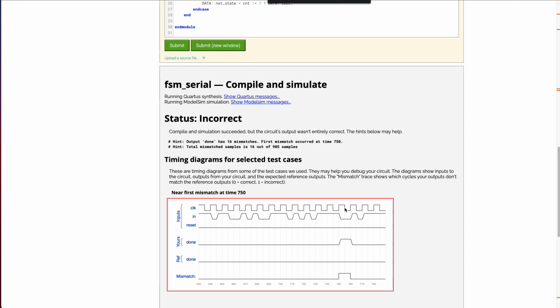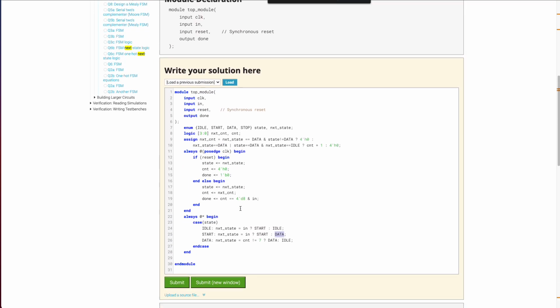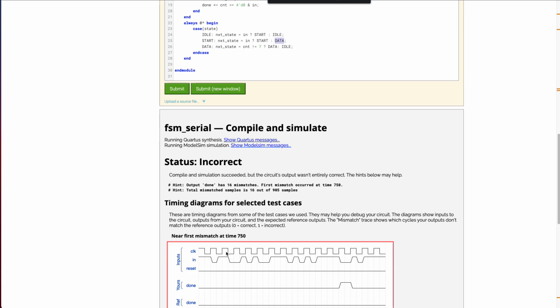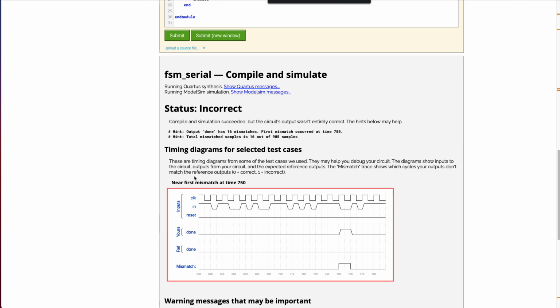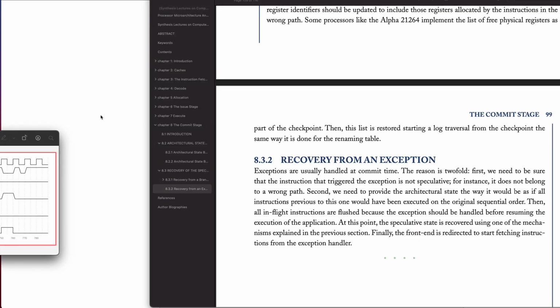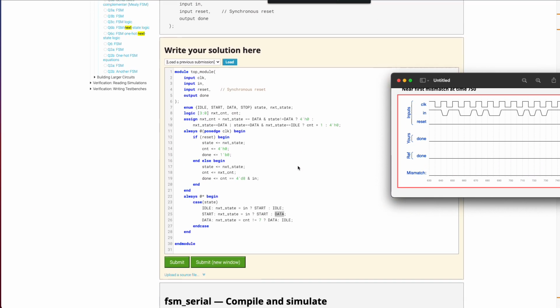Because if this is 8, 7, 6, 5, 4, 3, 2, 1, 0. Then here we're going from, so next count here is 1 from 0, and next count here is 0, next count here is 1. This is actually extremely hard to debug because you can't print anything.